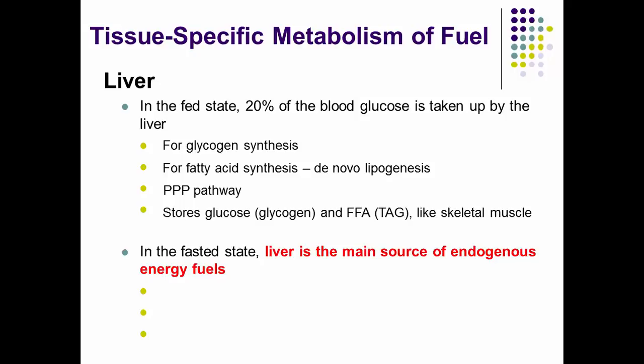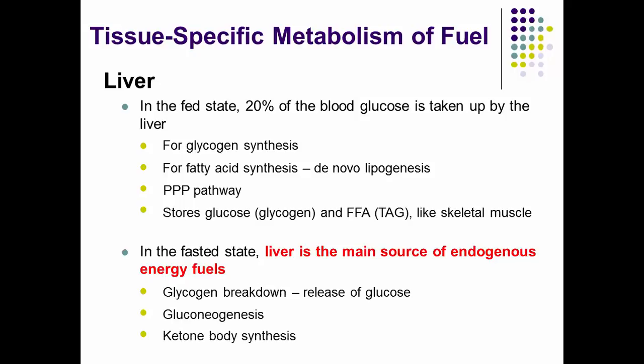Yeah, glycogen breakdown. And what else? Gluconeogenesis, yes. And ketone body synthesis, yes. So a very important organ like the liver, during the fasting condition, can provide glucose by breaking down glycogen, by making glucose through gluconeogenesis, and also by making and releasing ketone bodies, right?